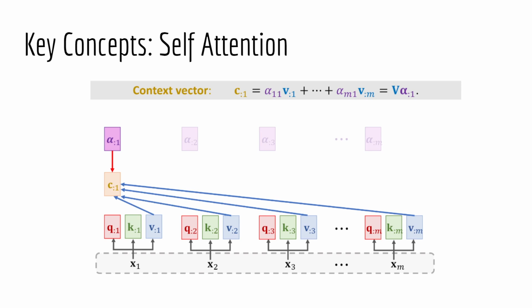Then, the weight value and all of the V values concatenate to create the context value. This is done to all the 1 to m values to result in the context vector, which is the result of the self-attention.